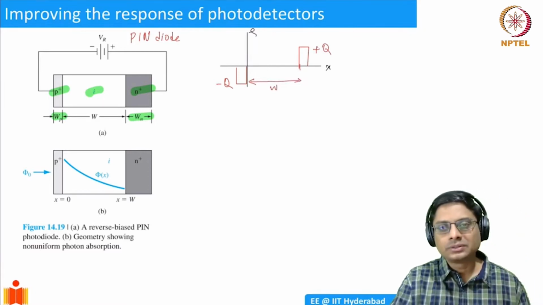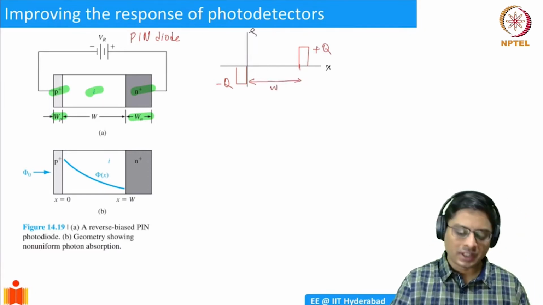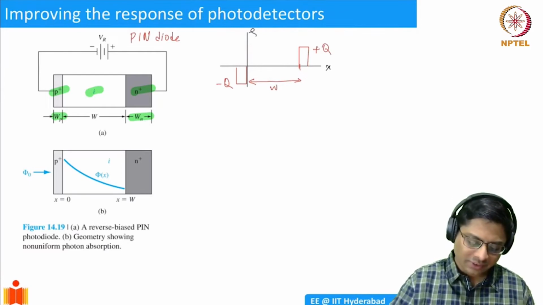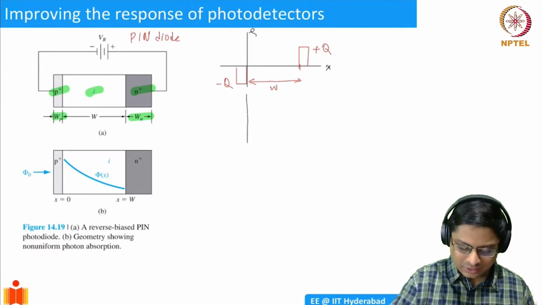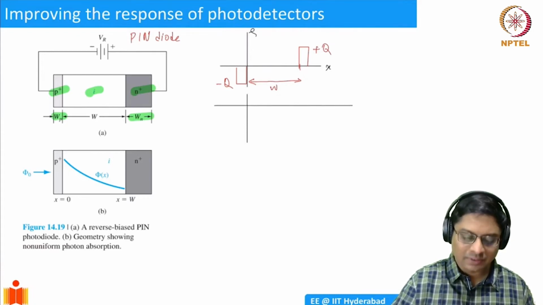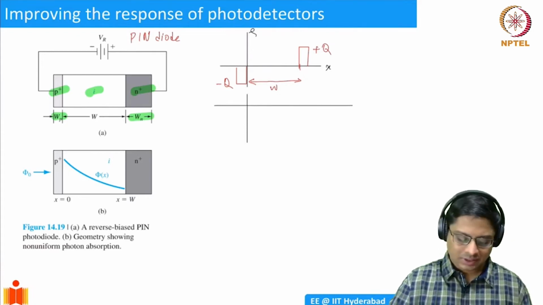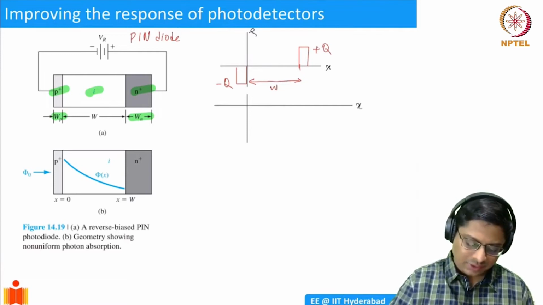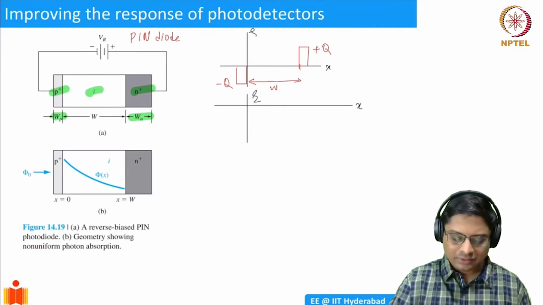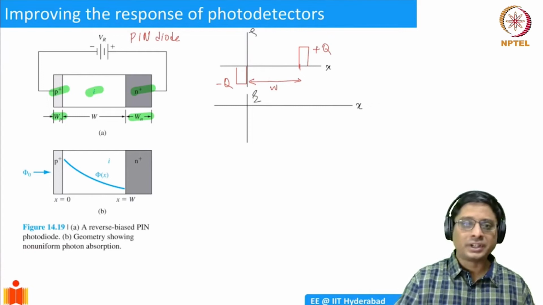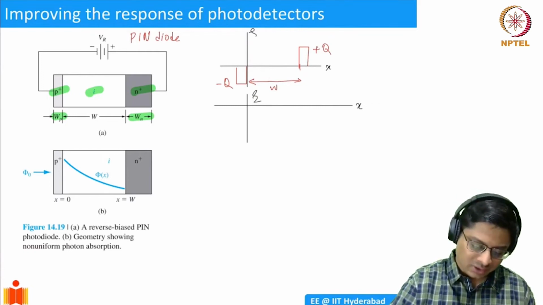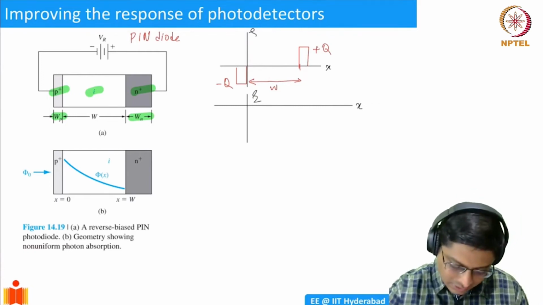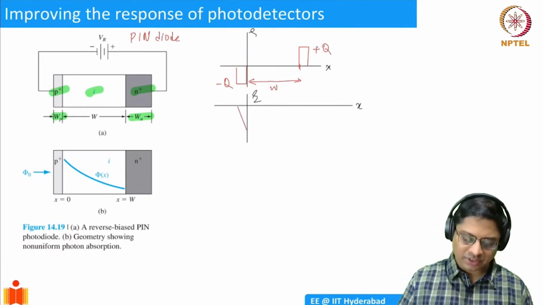Why is this useful? If you have such a scenario, we have also computed the electric fields. You should remember this. We have even done a nanoHUB exercise on this. So X, and this is the electric field. The electric field is pointing in the minus X direction, so it has to be a negative field, and it will show a sharp rise here, linear in the depletion region.